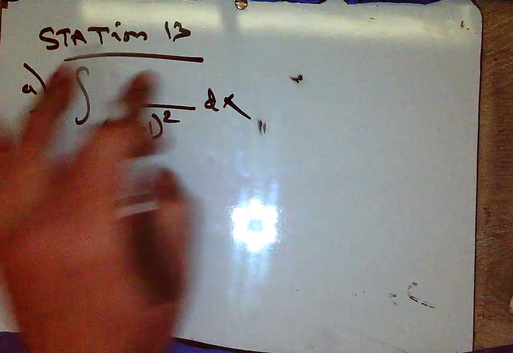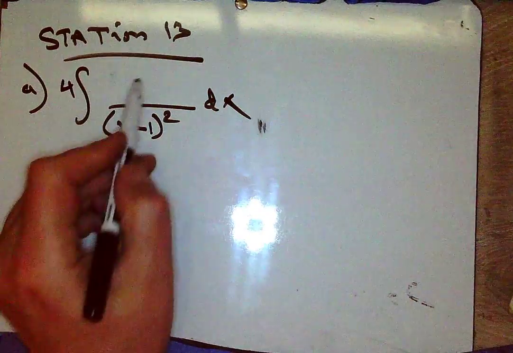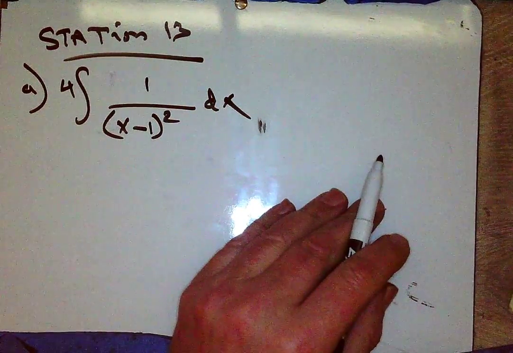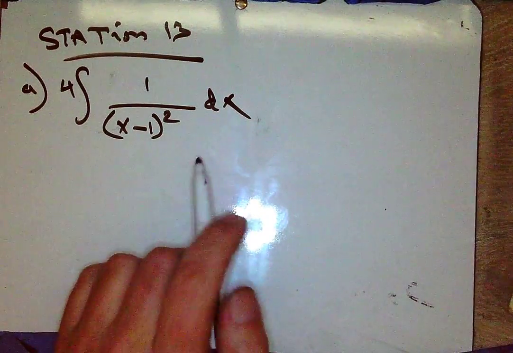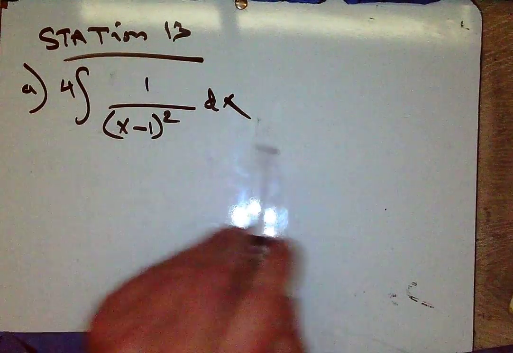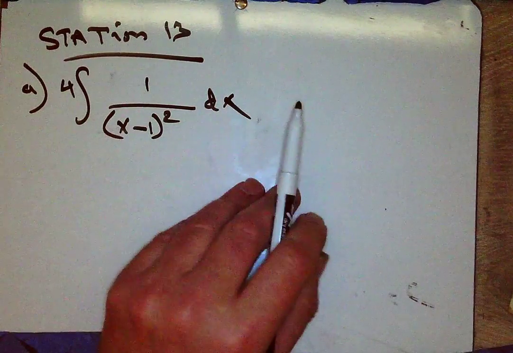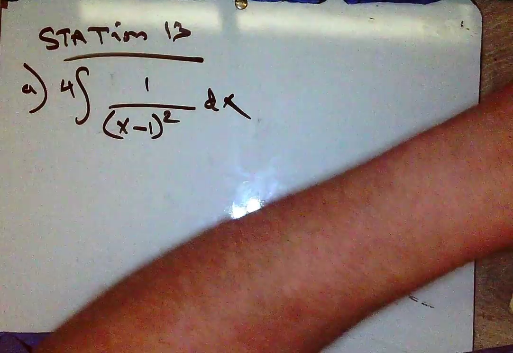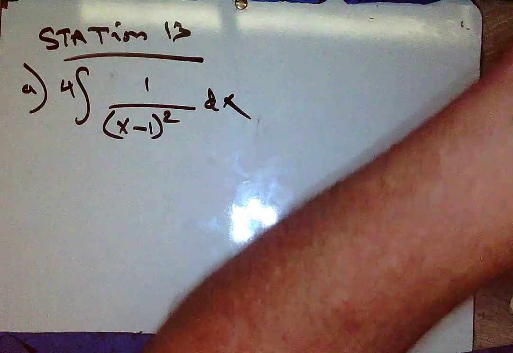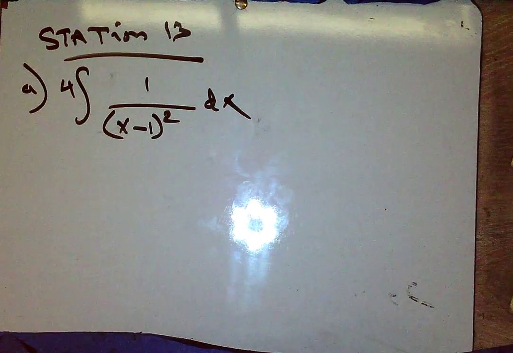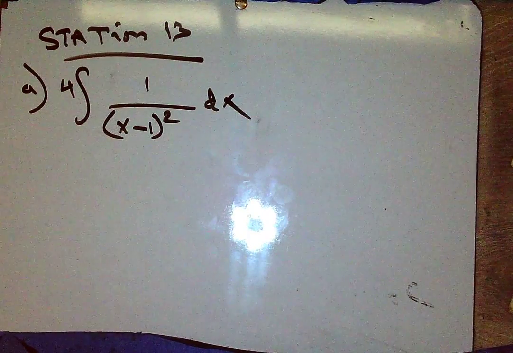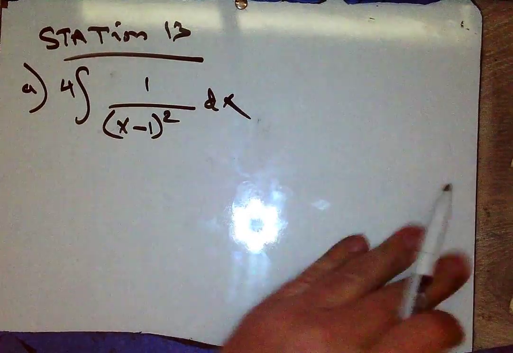Well, in fact, ooh, is it? No, I don't think it is. Until I moved that 4 out, I thought I was doing partial fraction decomposition. And maybe we should do this one as partial fraction decomposition, but I don't feel like we need to. Um, yeah, let's try it both ways.